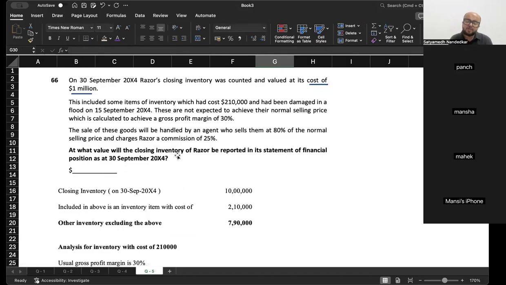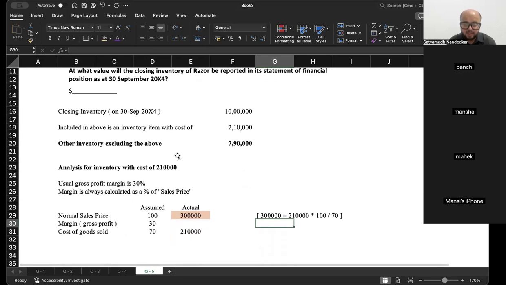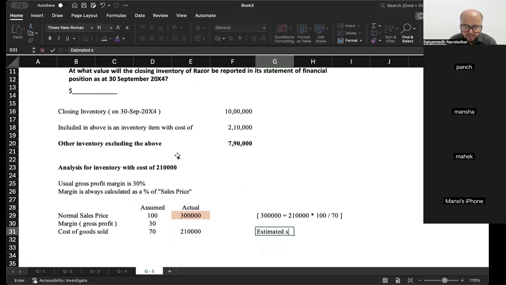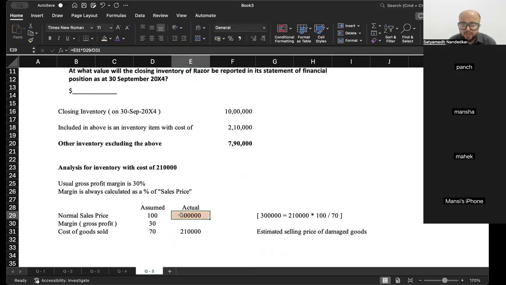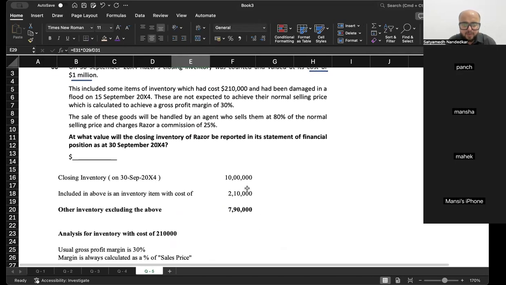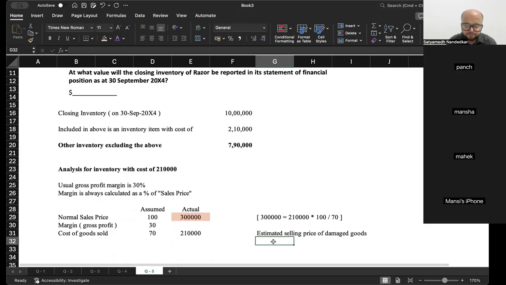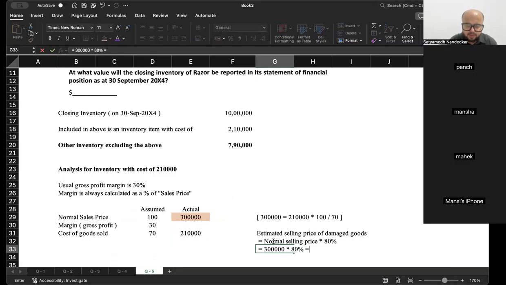The sale of these goods will be handled by an agent who sells them at 80% of the normal selling price. So, what is the estimated selling price of damaged goods? See, normal selling price is 3 lakh. This is 80% of normal selling price. Normal selling price into 80%, which is 3 lakh into 80%, that is 2,40,000.